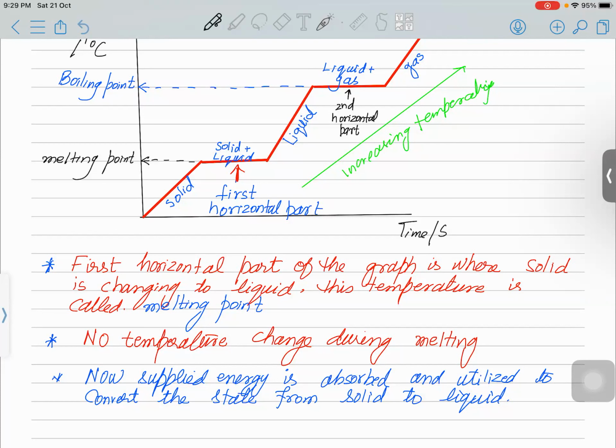Now, Saad, the bond is not broken, right? The attraction is broken. The bond is not broken. The intermolecular force is broken. Are you getting my point? Okay, sir. The intermolecular force of attraction is overcome.